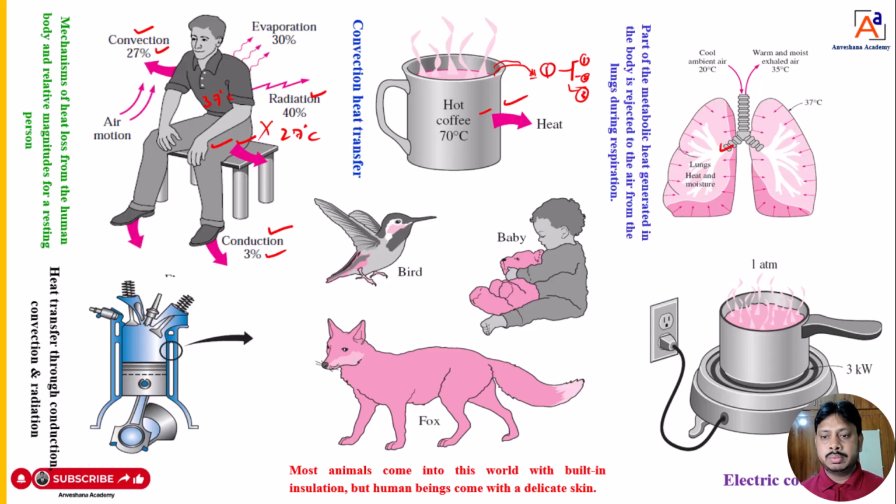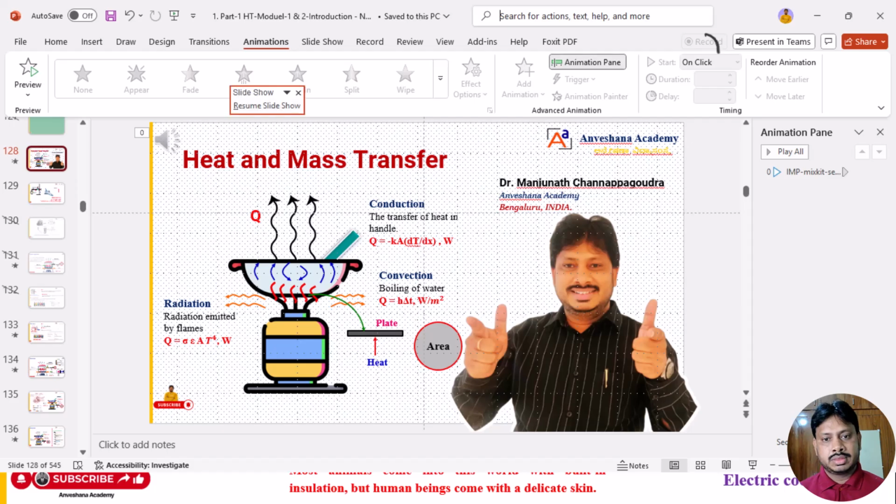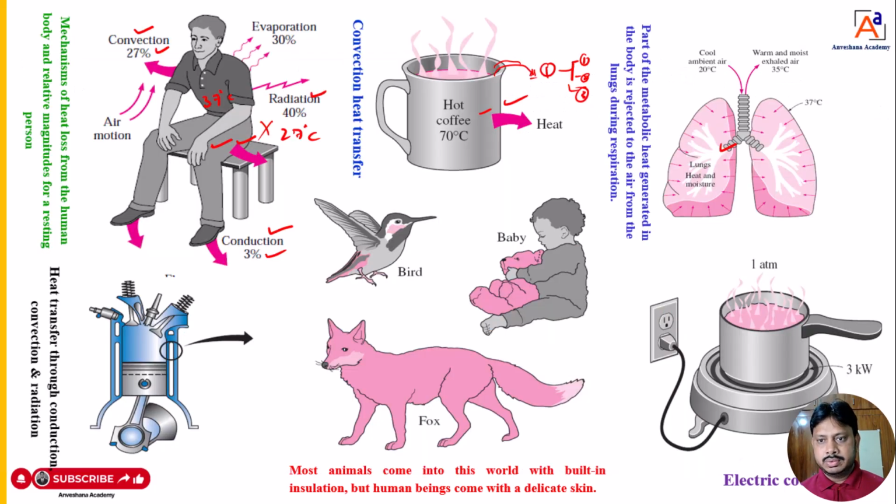Then you can take the human lung. That means what? You are going to take cold air, right? That is around 27 degrees Celsius. Then what will happen? You will inhale it. While exhaling, then what will happen? The temperature of the air becomes 35 degrees Celsius. That means heat is going to transfer to the surrounding while exhaling air.